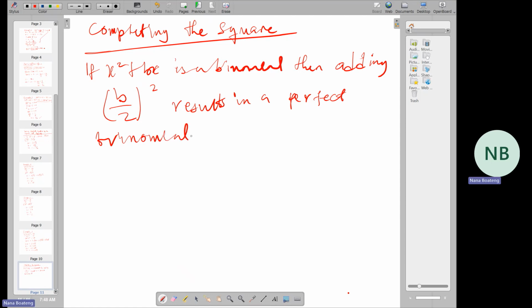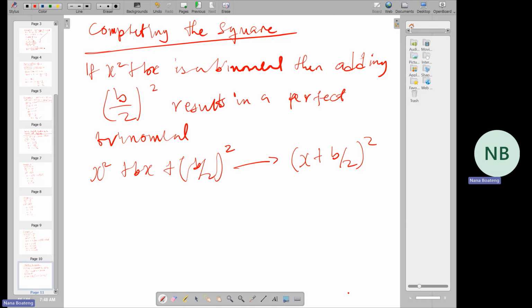Thus, if you have x squared plus bx and you add b divided by 2 squared, this becomes a perfect trinomial, which we write as x plus b divided by 2 squared.